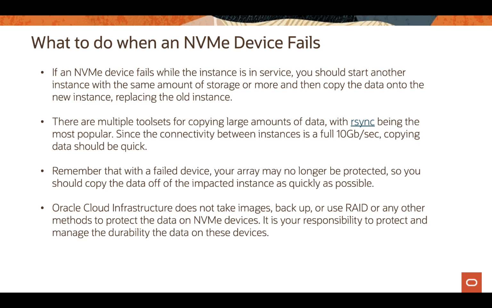That's one way to do it, and have a copy of that data placed on NVMe. So there are a few options, and keep in mind if the NVMe device fails, there are a couple of ways you can recover and get back to your data. But you have to have the premise that you have a backup in place and you have a way to protect the data using the RAID configuration.